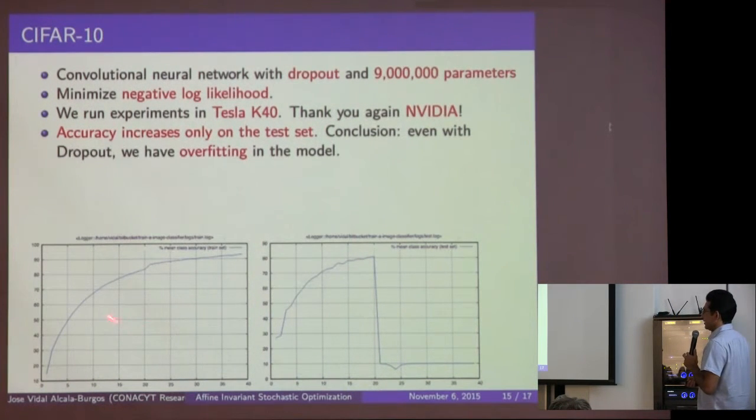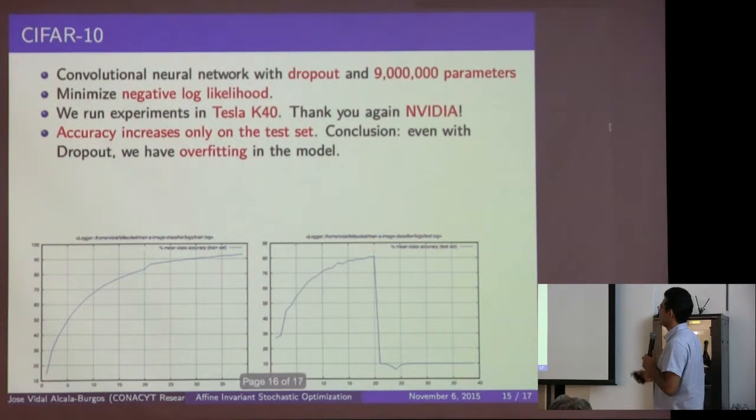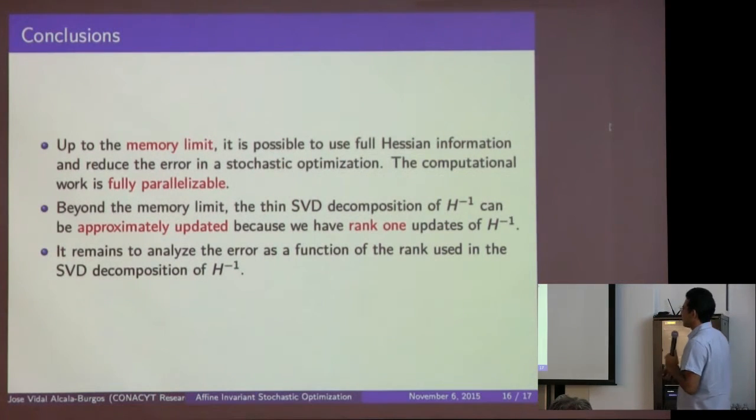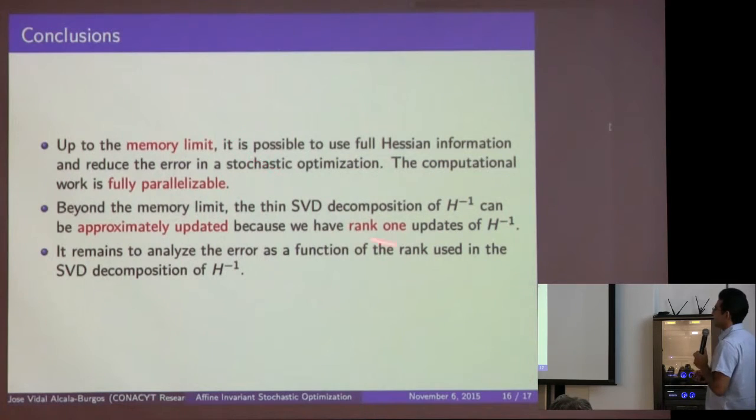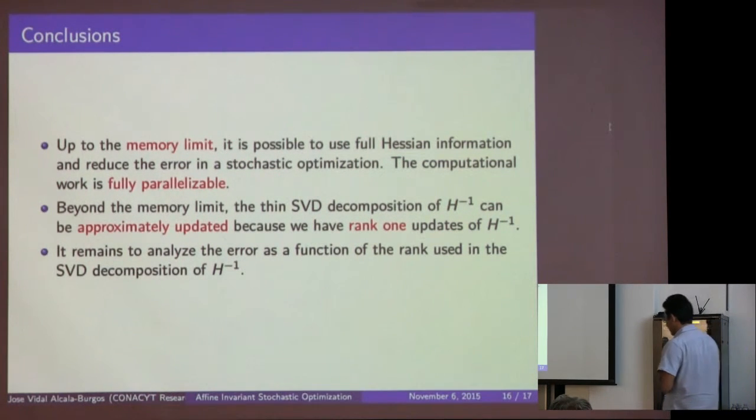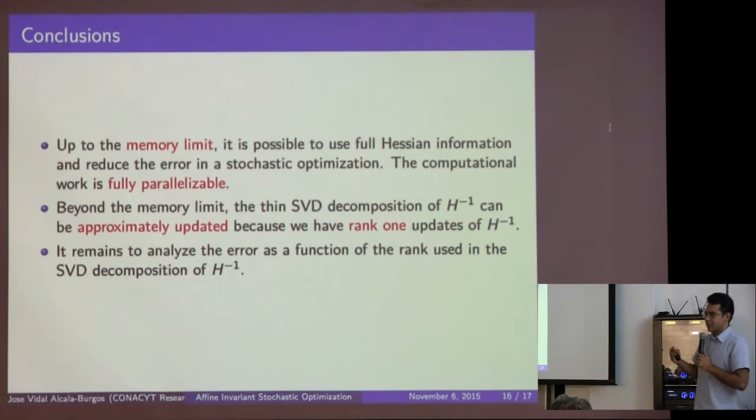But what should we get from all of this? Okay. So up to the memory limit, it is possible to use the full Hessian, right? And moreover, here I want to emphasize, people are trying to do the computations in parallel, right?